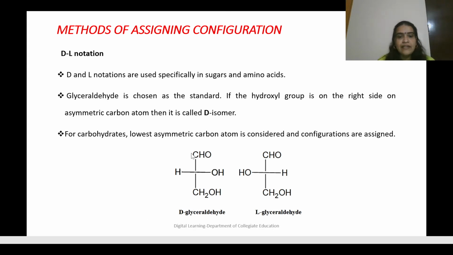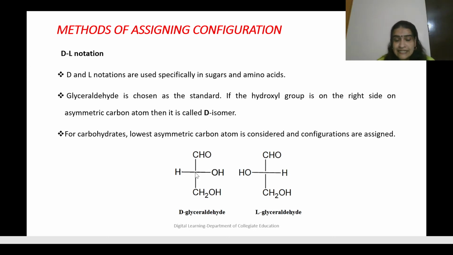D isomer. Here you can see this is the glyceraldehyde molecule where we have 4 groups around the asymmetric carbon, the chiral carbon. We have one aldehyde group, one CH2OH group, one hydroxyl group, and also one hydrogen atom.